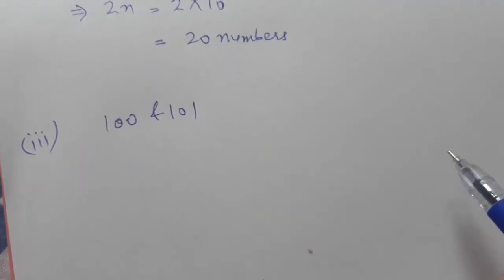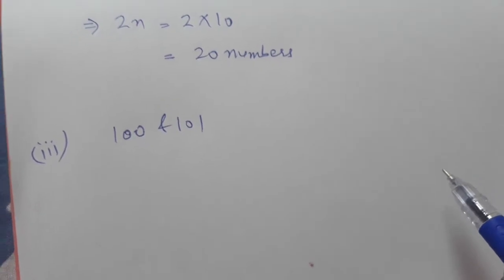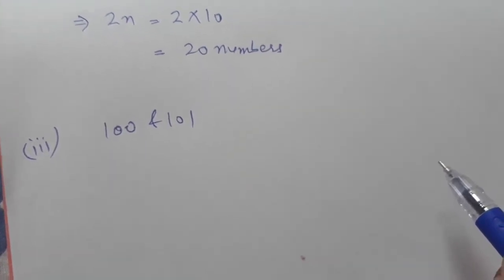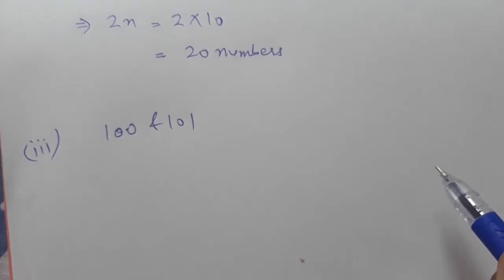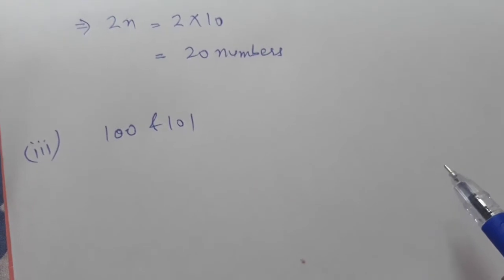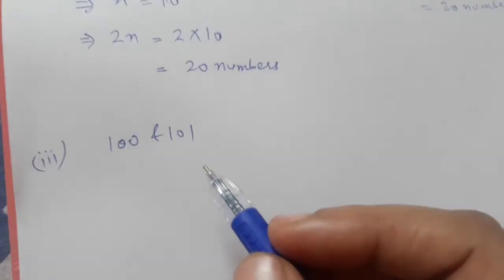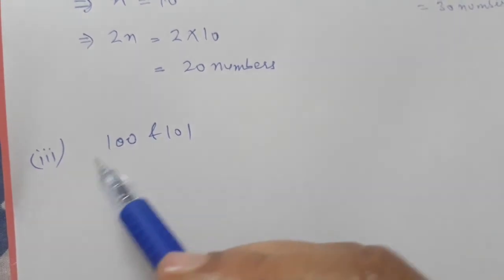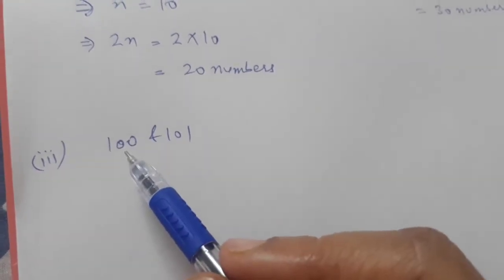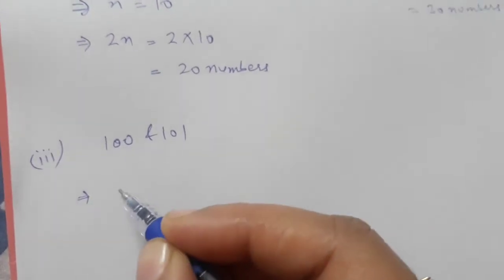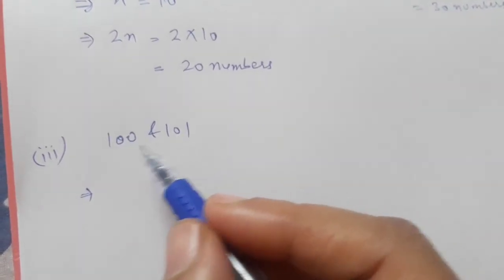In the third part, we have to find the numbers lying between the squares of 101 and 100.